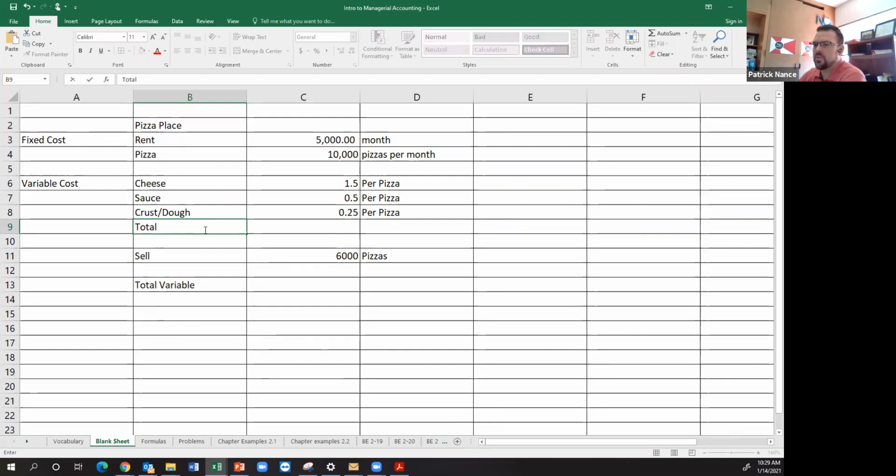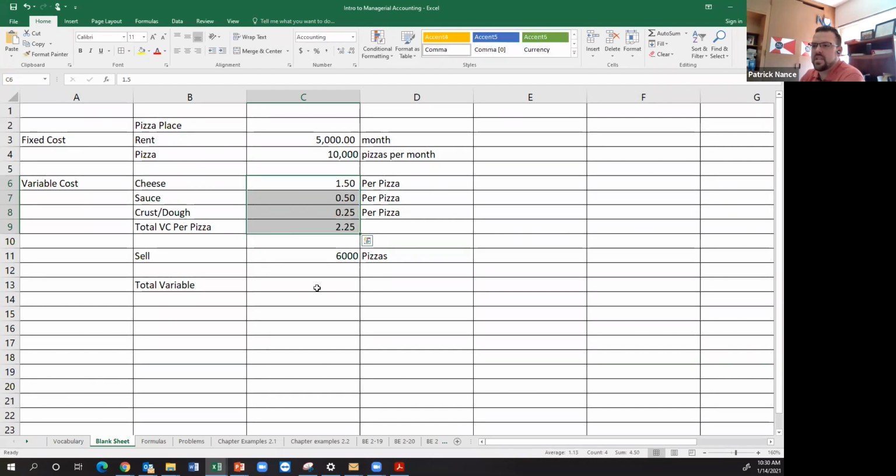So I can say the total variable cost per pizza, I can just add those three up. So 1.5 plus 0.5 plus 0.25 is $2.25. So the total variable cost at a manufacturing level of 6,000 pizzas, I can simply take 2.25 times 6,000. So that would be my total variable cost of $13,500.